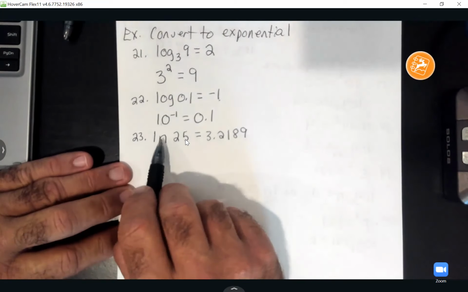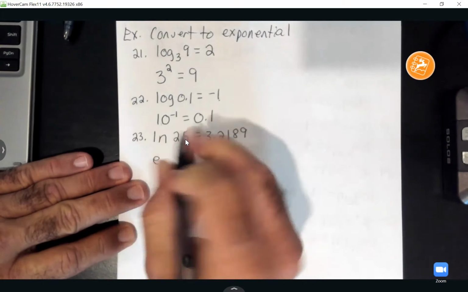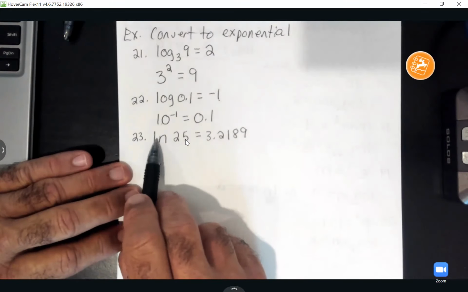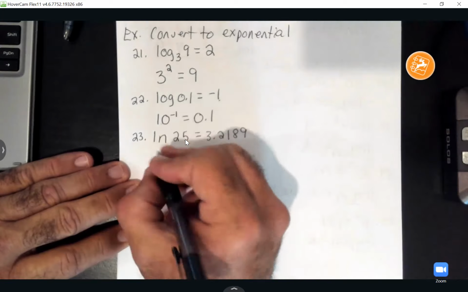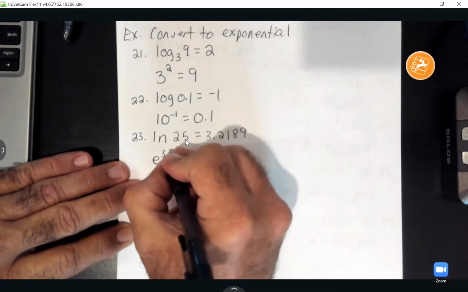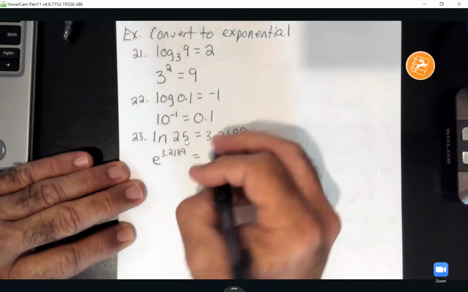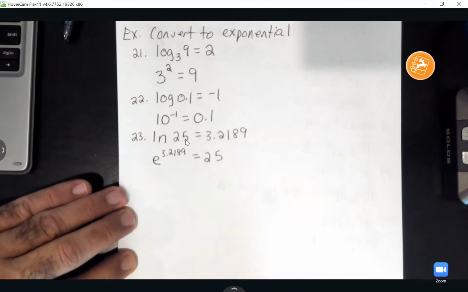Well, this one's E. It's the E. There you go. So remember, the regular log is a base 10. The natural log, the ln, is a base E. My exponent is the 3.2189. That's going to equal that result of a 25.